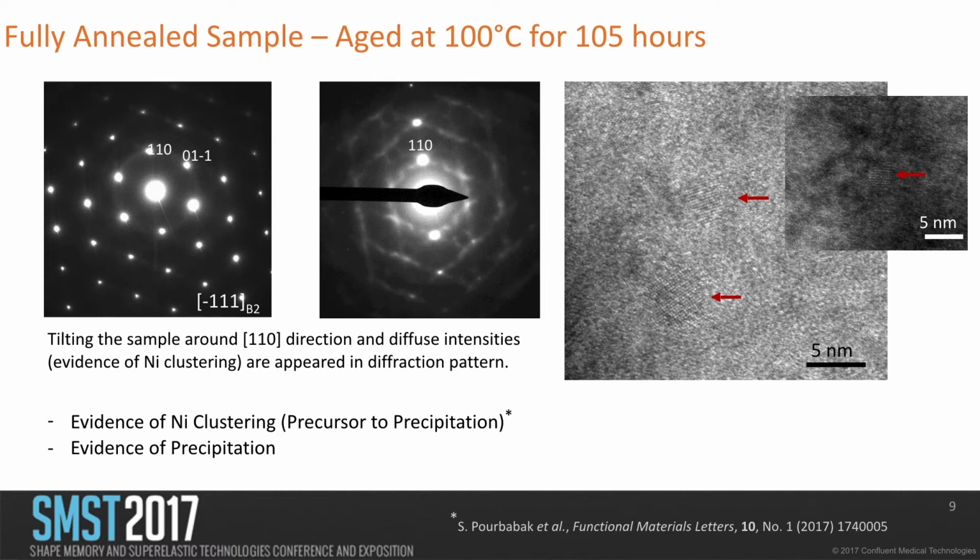On the left-hand side, in the 110 direction, we see some diffuse intensities, which is evidence of nickel clustering, that the nickel is moving within there, which is a precursor to precipitation. So even at 100 degrees C, we have structural evolution in nitinol.